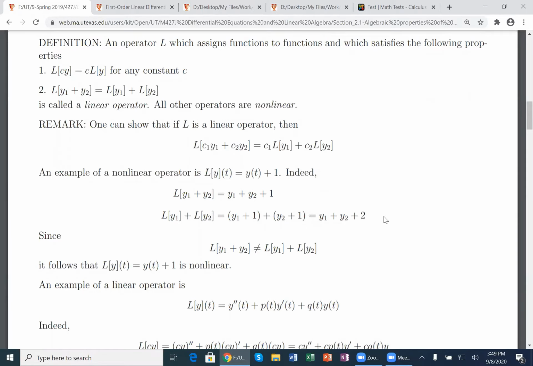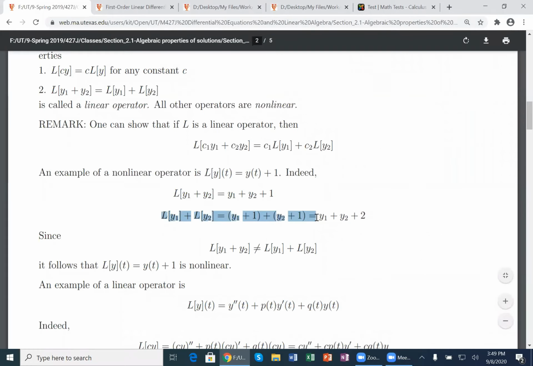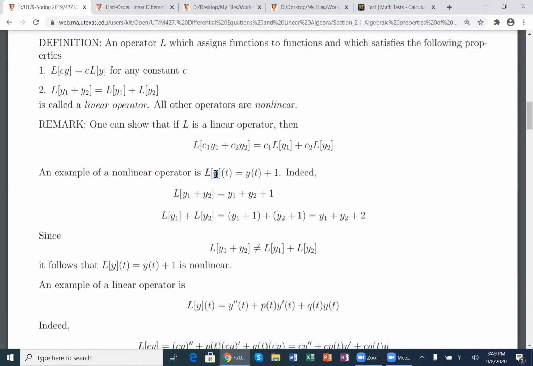Could you explain how L of y1 is equal to y1 plus 1 again? Are you talking about this? No, the second one. Okay. Yeah. So, start from here. In this formula, replace y by y1. We'll get the following.